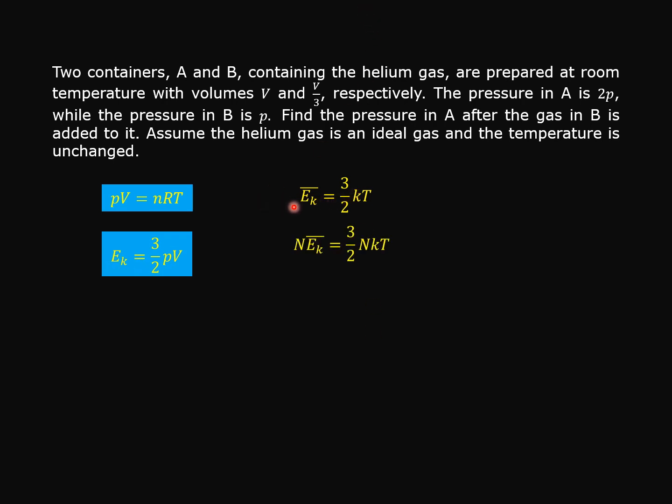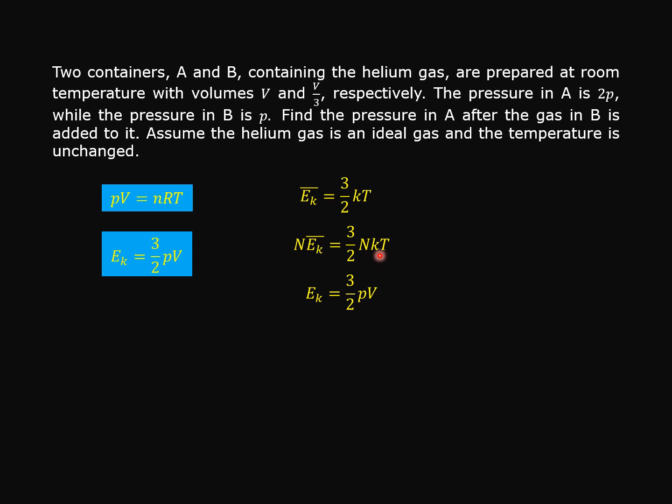By multiplying this equation with N on both sides, we will have the total translational kinetic energy of the gas. So the right hand side will get 3/2 NkT. The capital N is the number of molecules.